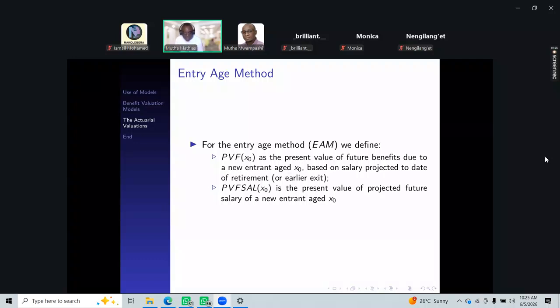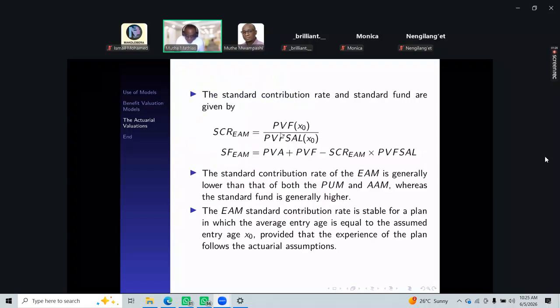This is maybe a bit complicated, because you have to do projection. I'm joining the pension plan today, let's say at age X naught, so you have to project all future benefits, and of course you also have to project salaries, right? And the way to operate is just like what we did before. We have to find what percentage of salary we need to be able to fund all this benefit, in total, of course.